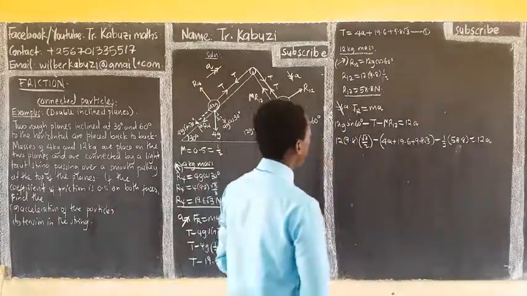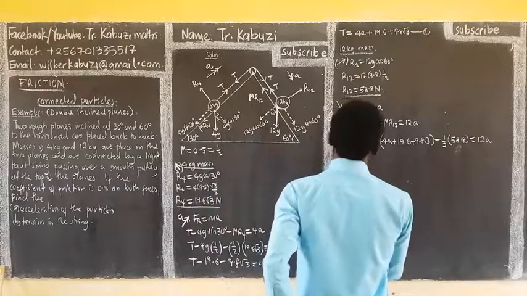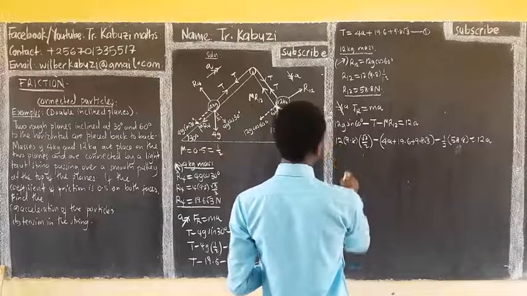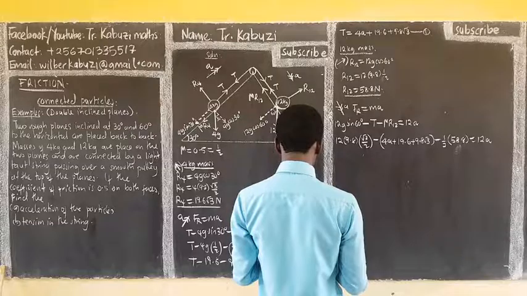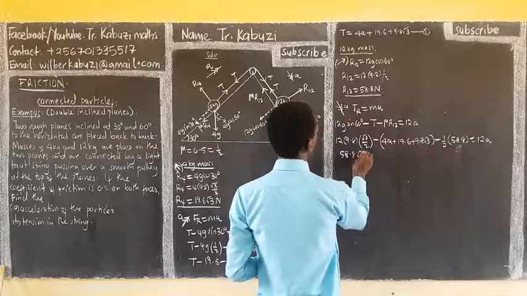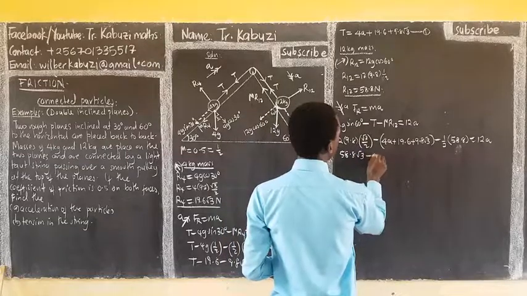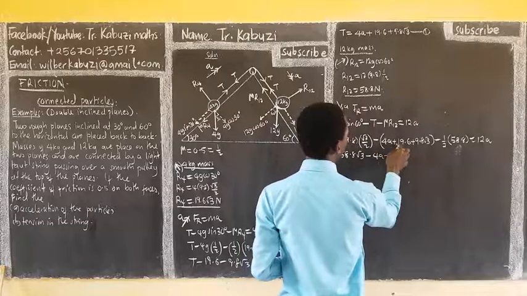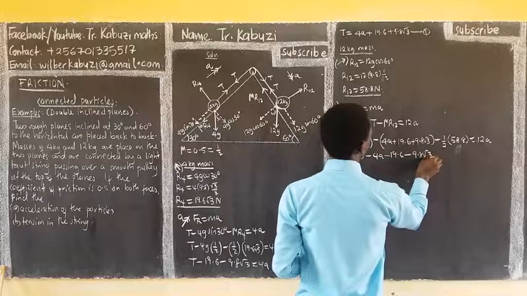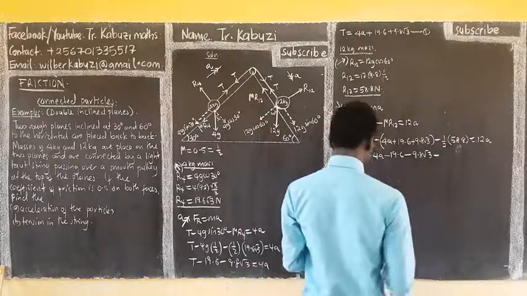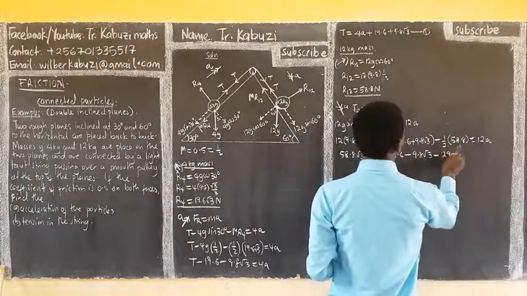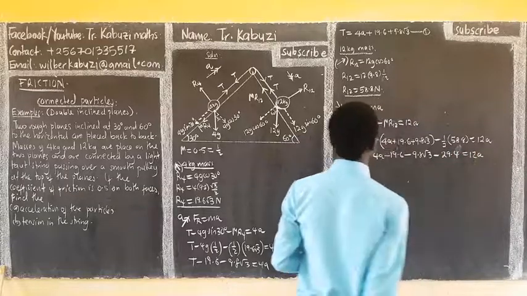From there, we just simplify. This is going to give us 6 times 9.8 root 3, which is 58.8 root 3. Then minus 4a, minus 19.6, minus 9.8 root 3, minus, when we get a half of that, 29.4, equal to 12a.